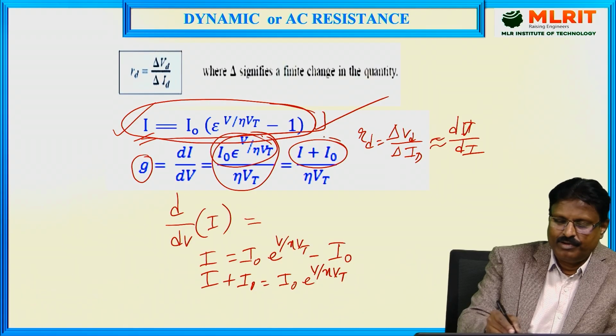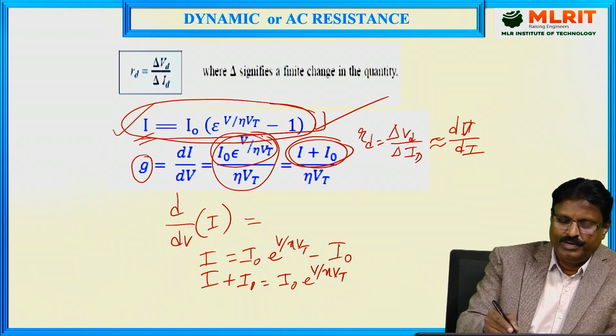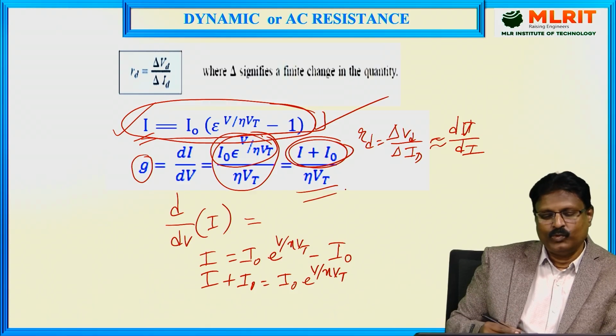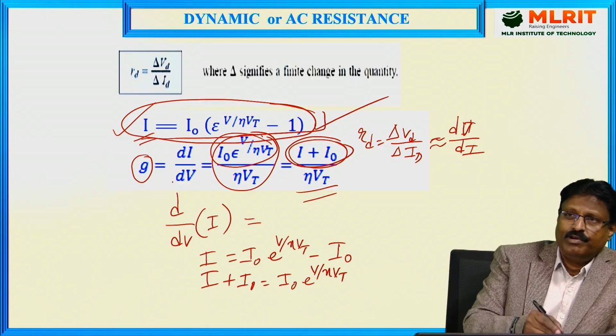That is what I wrote here: instead of I naught e to the power of V by eta Vt, I am writing I plus I naught, by eta Vt. So this is G, that is equal to di by dV.